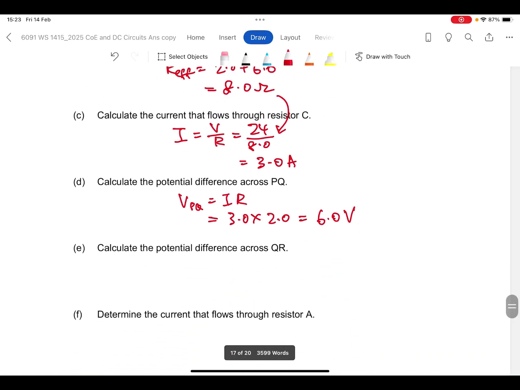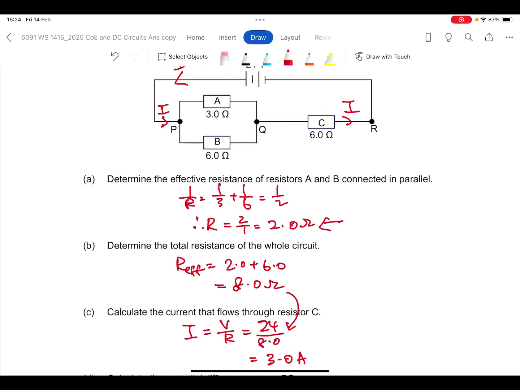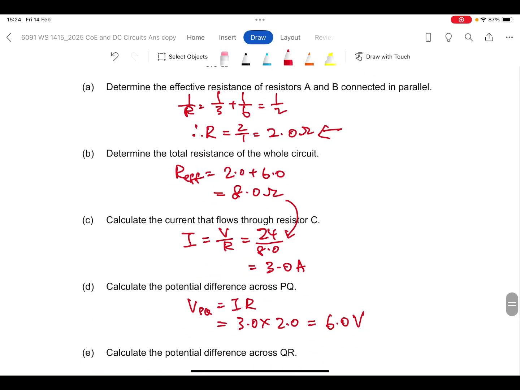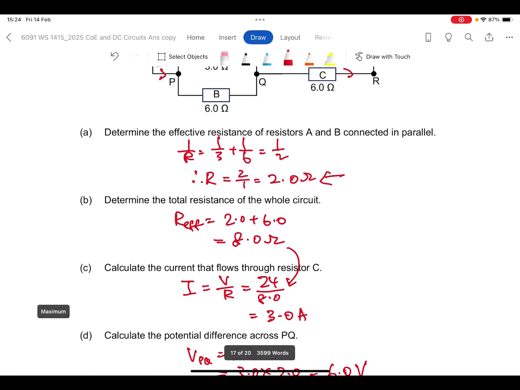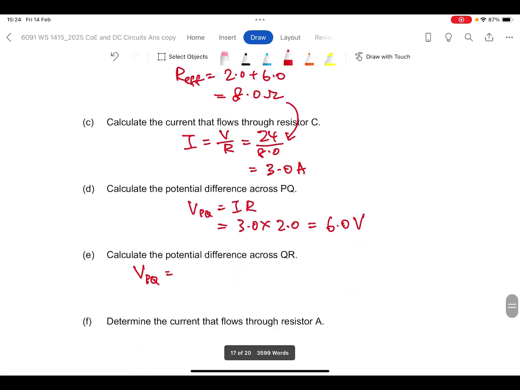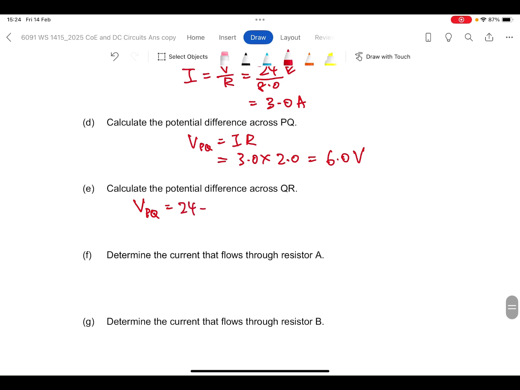Then for finding the potential difference across QR, you can do it in 2 ways. You can take the EMF, which is 24 volts, minus the potential difference across PQ, which is 6.0 volts.